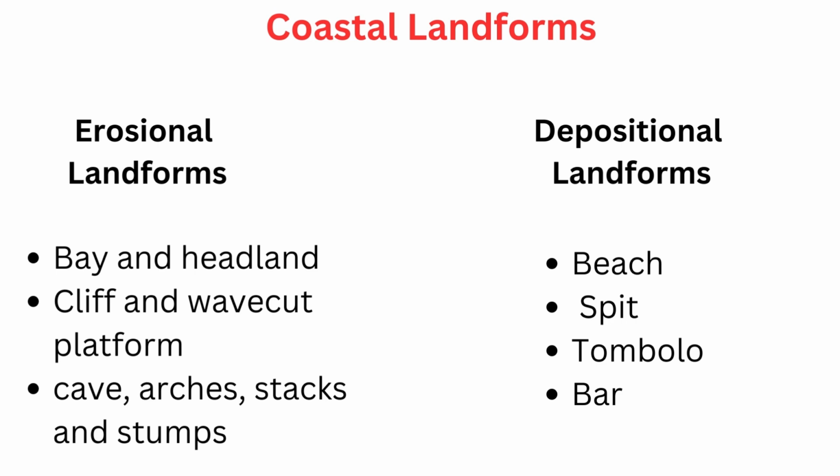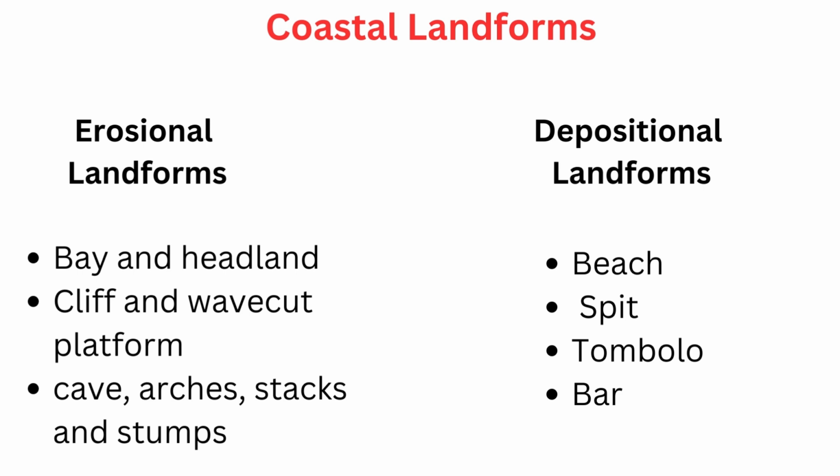Now, the delta is a fluvial landform which so happens to occur along the coast. We don't usually refer to the delta as a coastal landform. Coastal landforms are landforms that are created by the direct action of waves.